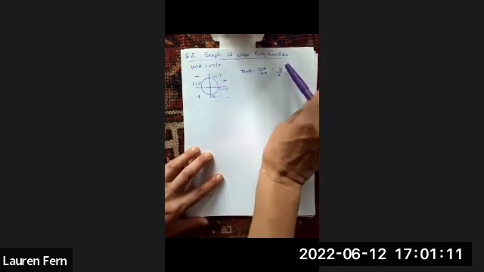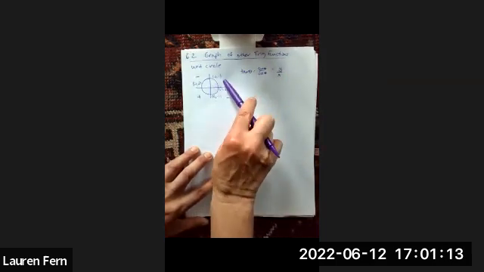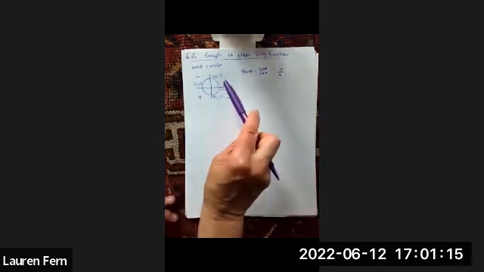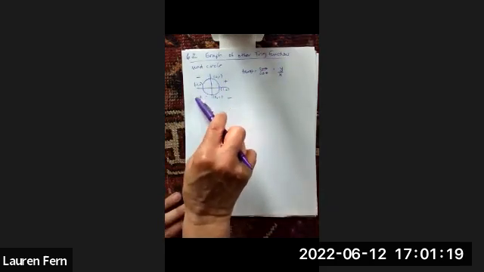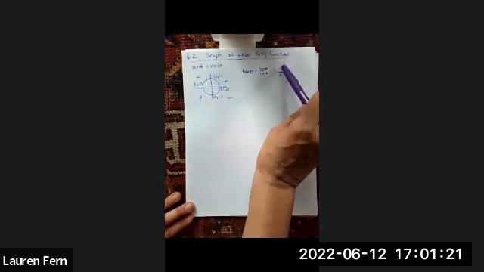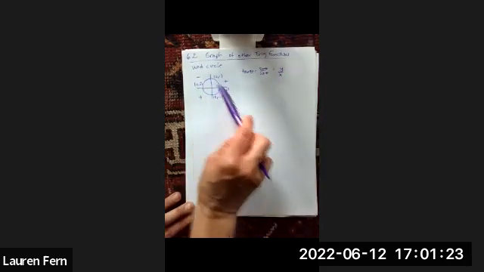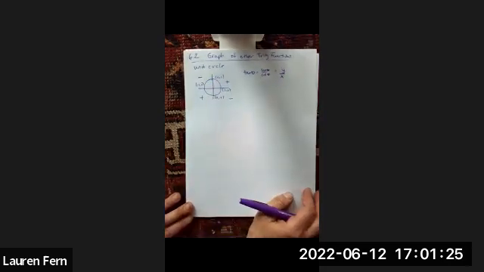Notice if both x and y are positive, positive divided by positive is positive. If both, like in my third quadrant, my x and y are negative, a negative divided by a negative is positive, etc. Okay, so that's the first thing that I want you to note. The second thing is that funkier things happen here.